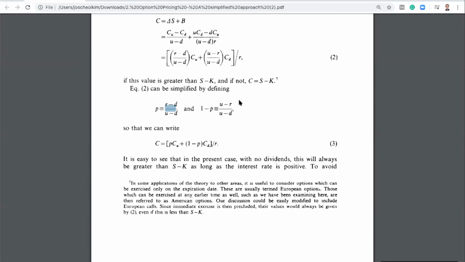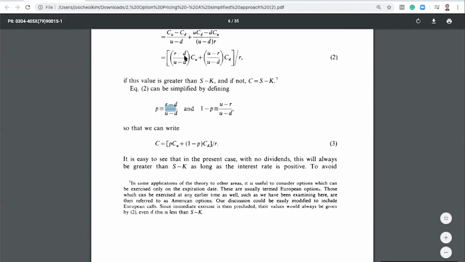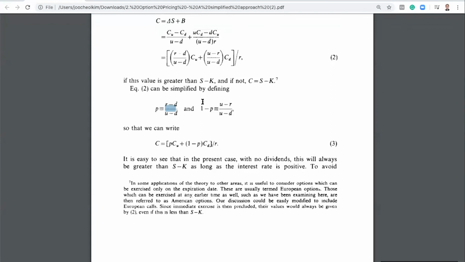What I can guarantee is that if you can replicate your products by replication, that price is the no-arbitrage price, and it happens to be the same as the expected value formula from a risk neutral person's point of view. So that's why we call it the risk neutral valuation formula.